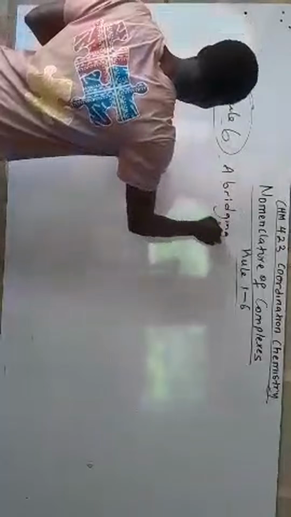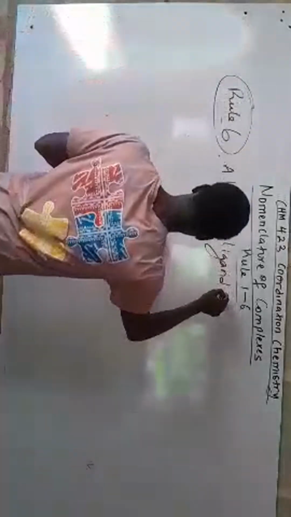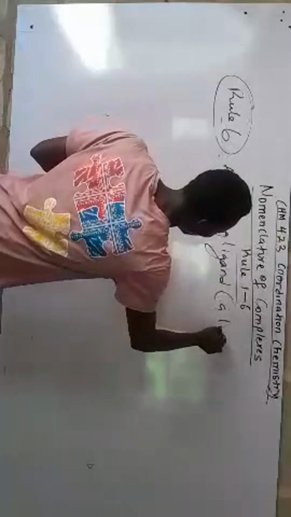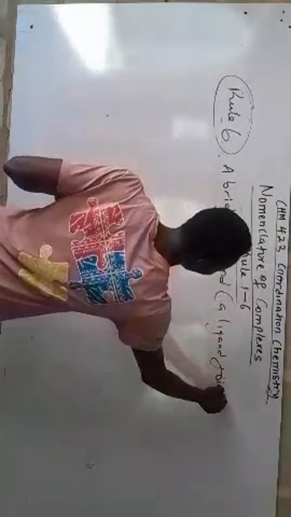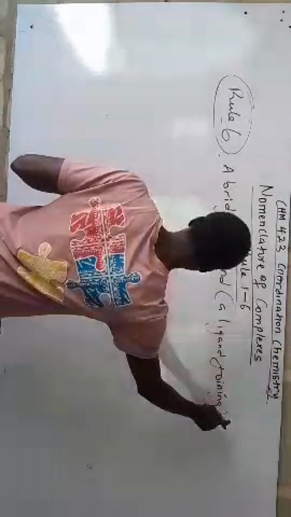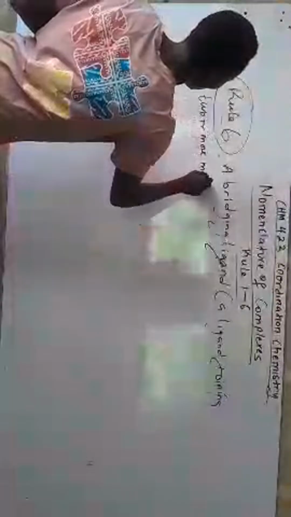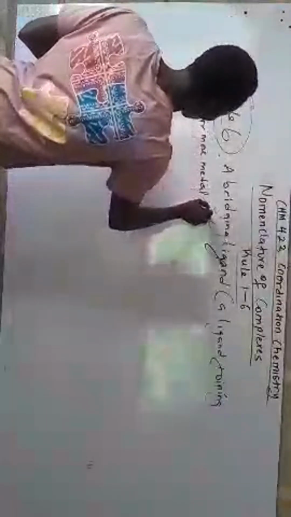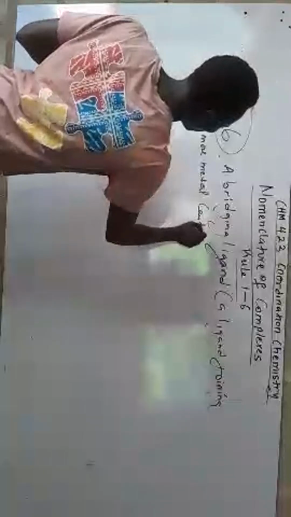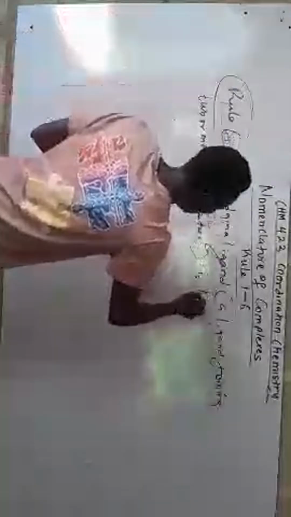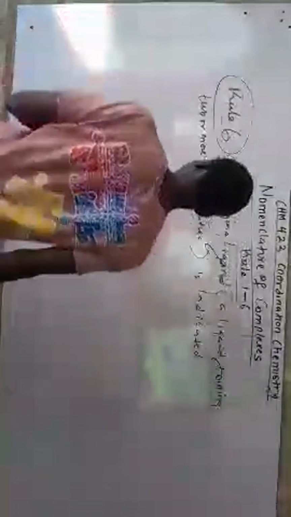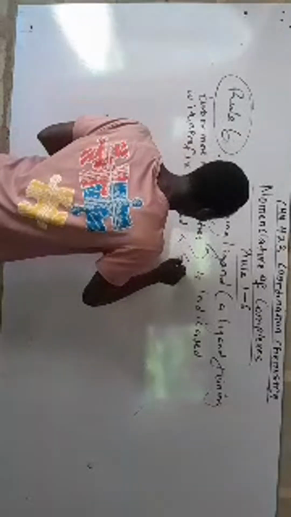A bridging ligand, that is a ligand joining two or more metal centers, is indicated with a prefix and a subscript.